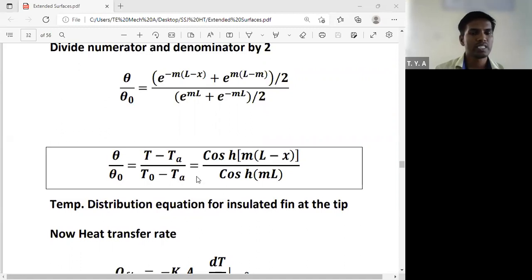Okay, so this is the temperature distribution equation; by using this we have to calculate the rate of heat transfer. Which equation will we use for the rate of heat transfer?